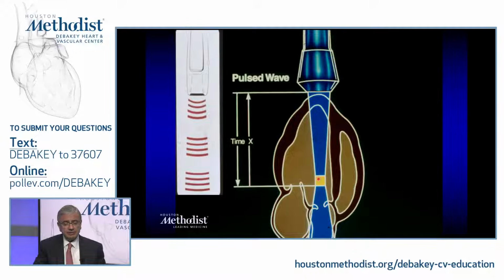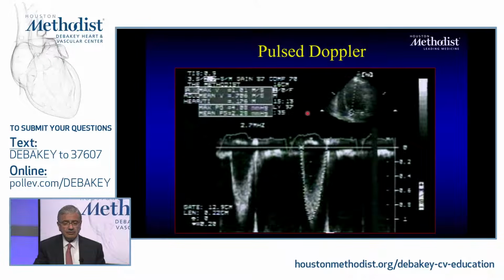Since the flow is going in this direction, away from you, you're going to see a negative shift of that velocity, and that's what you see here in pulse Doppler. So yes, this is not in frequency, this is in velocity. The Doppler equation has been solved, if you will, for you. And you could see that the velocity or frequency shift increases, and then decreases gradually over time till the end of ejection.